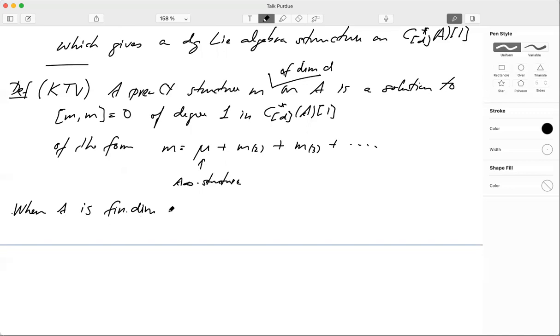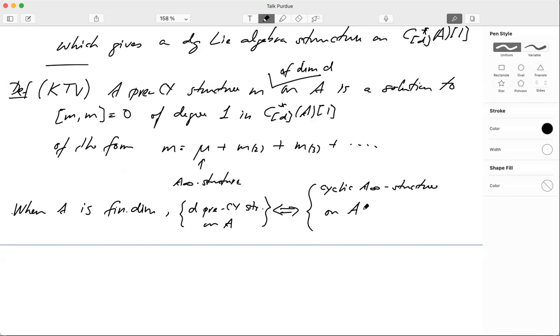There is a bijection between a dimension D pre-Calabi-Yau structure on A and a cyclic A infinity structure on A plus a dual shifted by 1 minus D, such that A is a sub A infinity algebra.